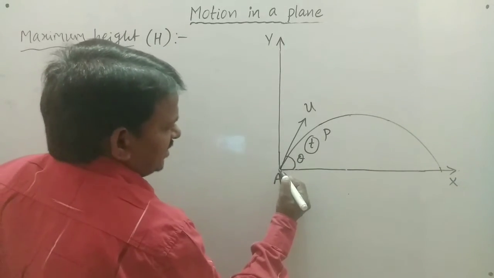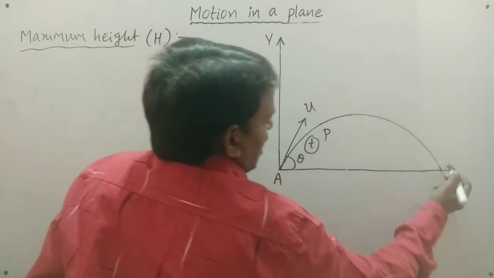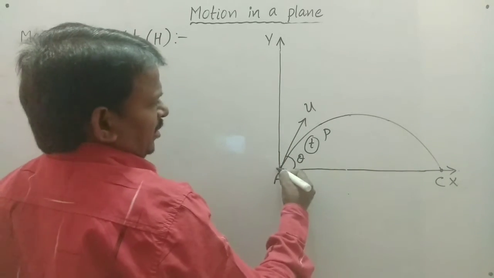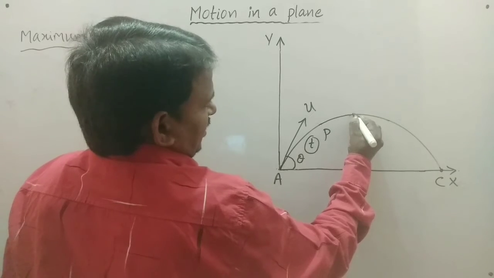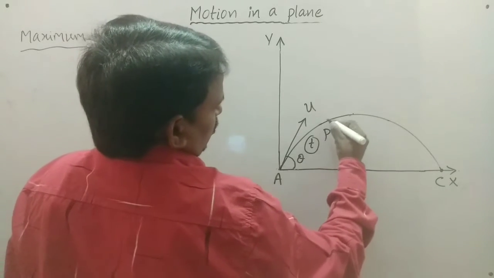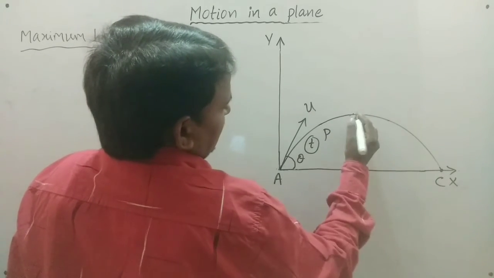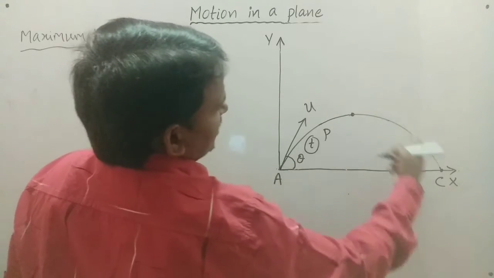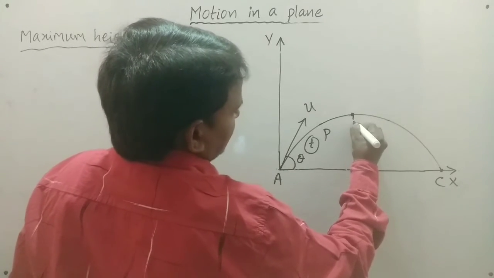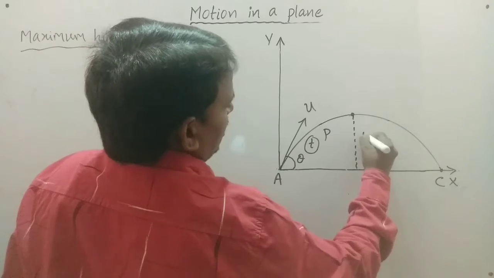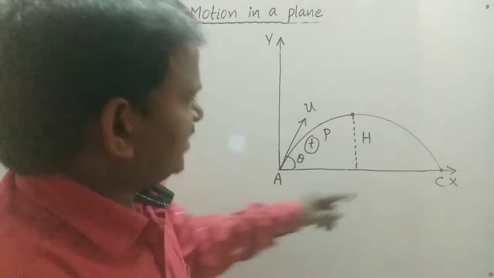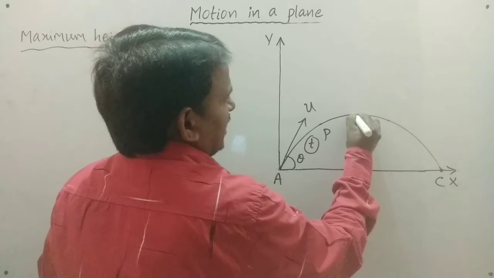You see that this is the starting point and this is the ending point, which I am taking as C. During its journey it goes to a higher location, this is the highest position in its journey. So this is called maximum height. This dotted line represents the maximum height.